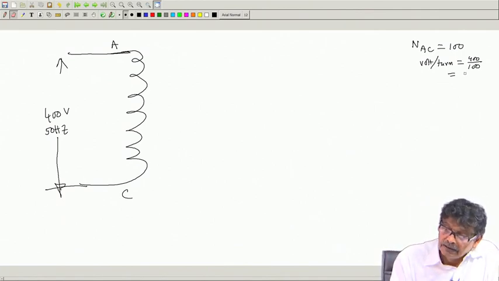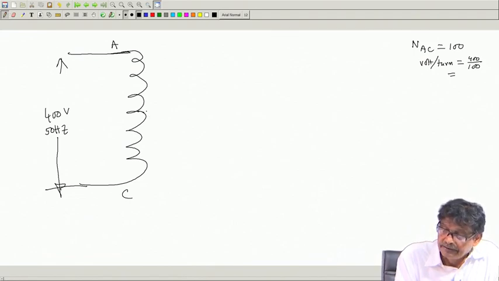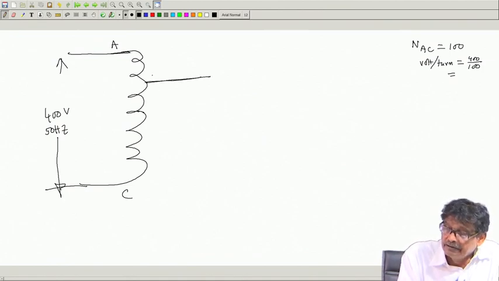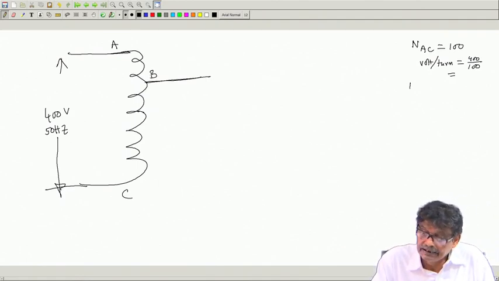Now, what I am doing is taking a tapping from point B such that N BC is equal to, suppose, 75.